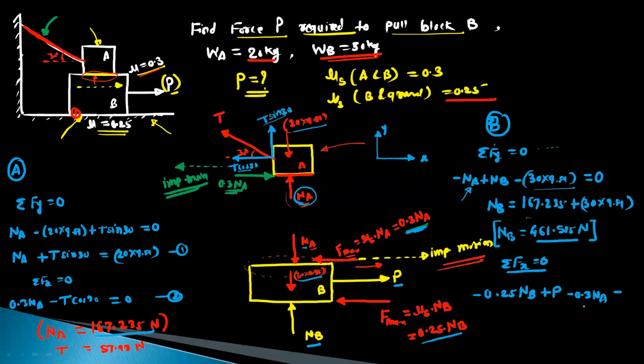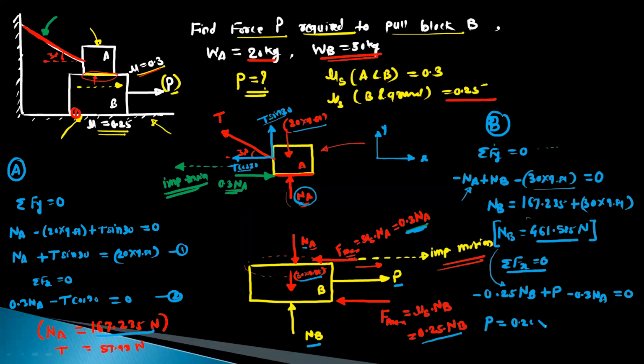This is equal to 0. Now put the values in this equation, with the NA value 167.